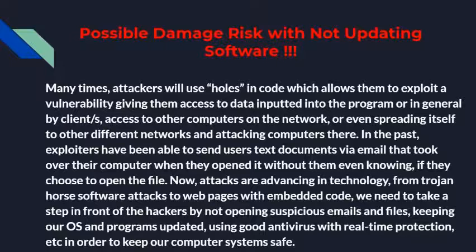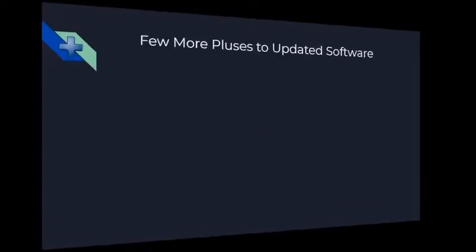We need to take a step in front of the hackers by not opening suspicious emails and files, keeping our OS and programs up to date, using good antivirus, preferably with real-time protection, etc., in order to keep our computer systems safe and not at risk.